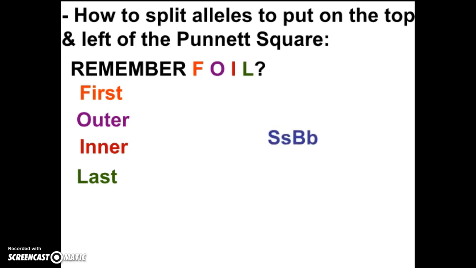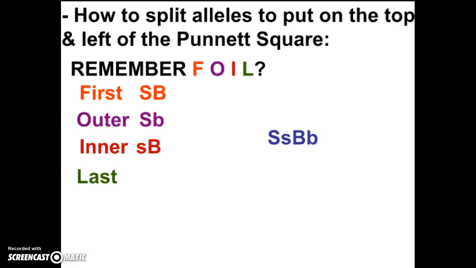We're going to take the first of each pair of alleles, the outer ones of each pair, the inner of each pair, and the last of each pair. So the first pair of letters is going to be capital S, capital B. The outside of each pair of alleles is going to be the capital S and lowercase b.